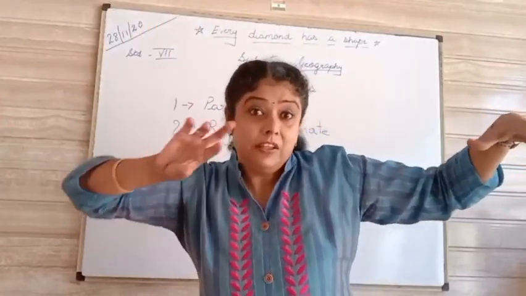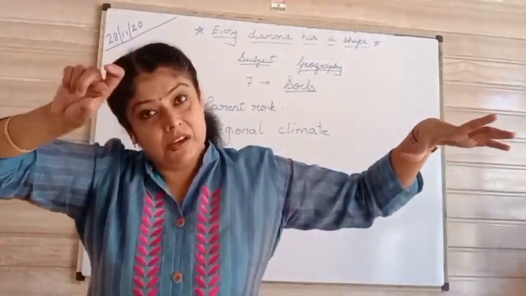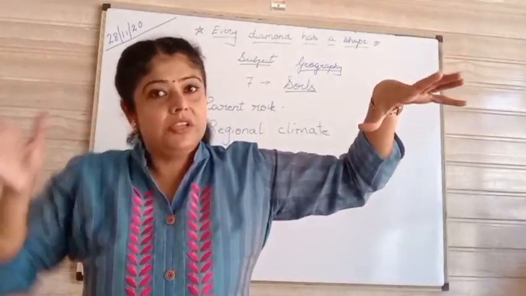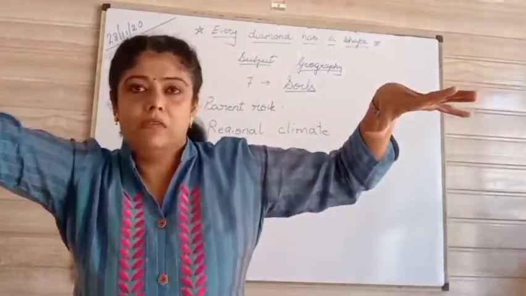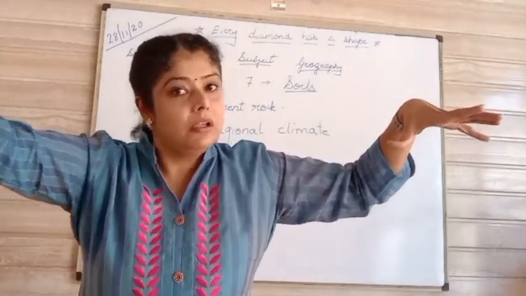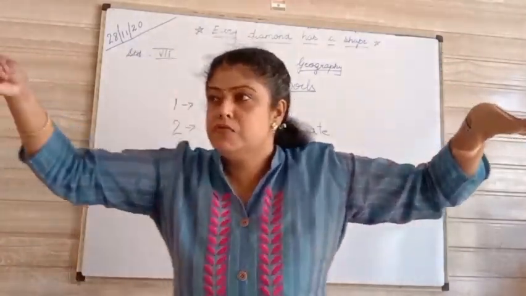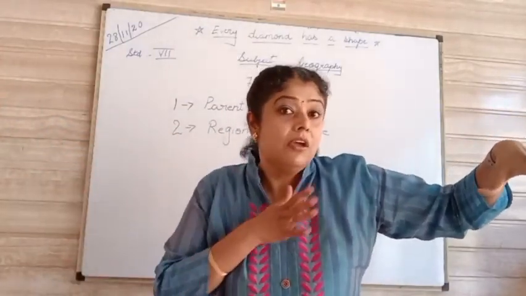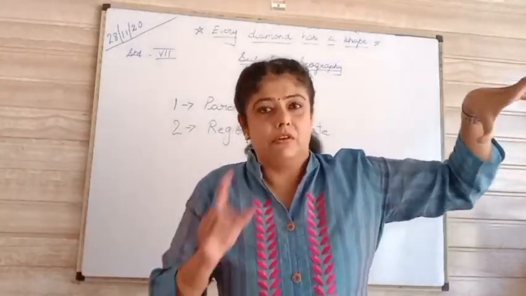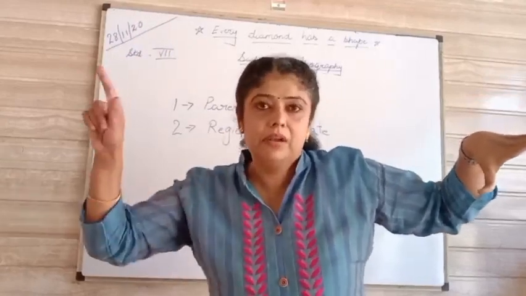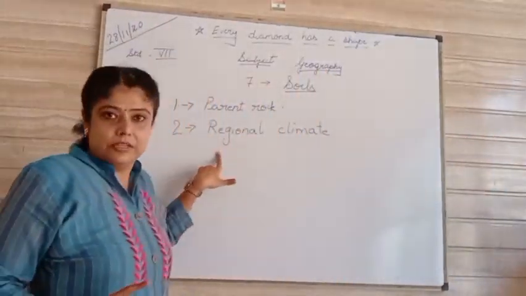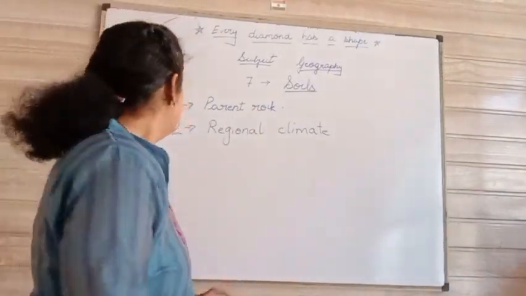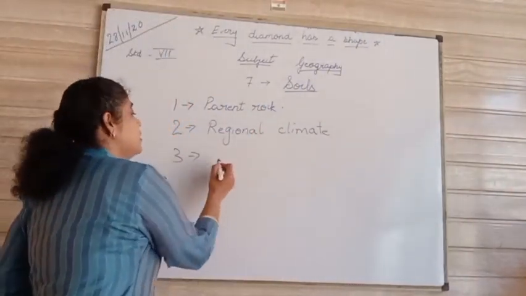But the soil from that broken rock depends upon the regional climate. If there is very heavy rainfall, there will be yellowish brown soil on that side. If there is very little rainfall, then it will be coarse soil. Different types of soil will be formed from just one parent rock, from the different pieces, according to the regional climate.